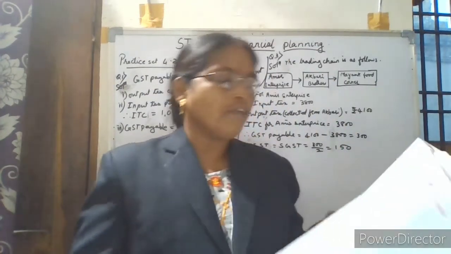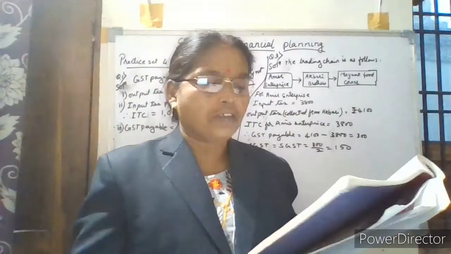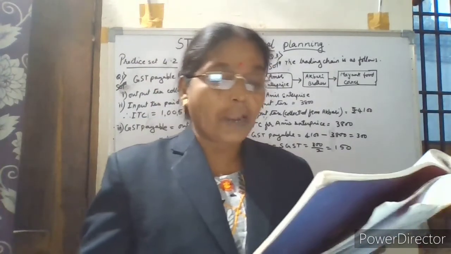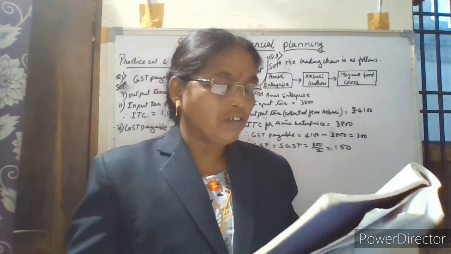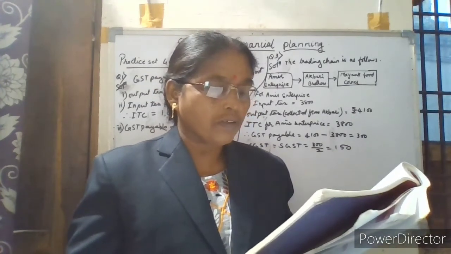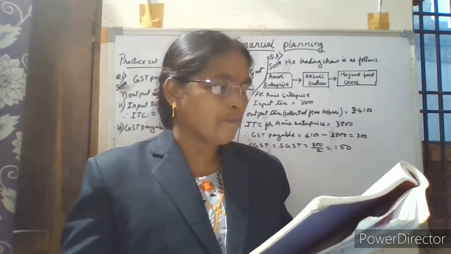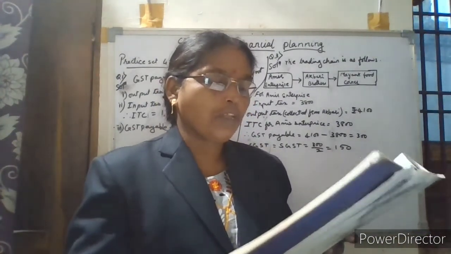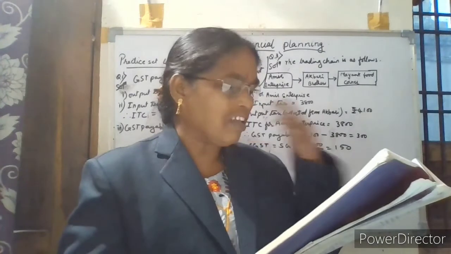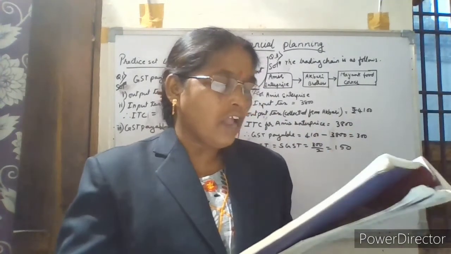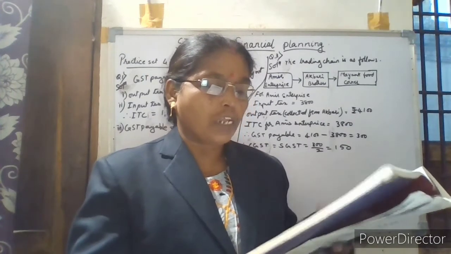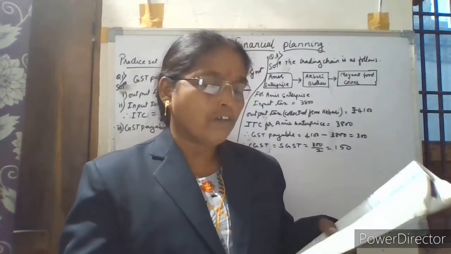Observe that at every stage a trader has paid GST after subtracting the tax. The trader has paid GST after subtracting the tax he paid at the time of purchase from the tax he collected at the time of sales. At the end, the customer paid 448 rupees for the watch.